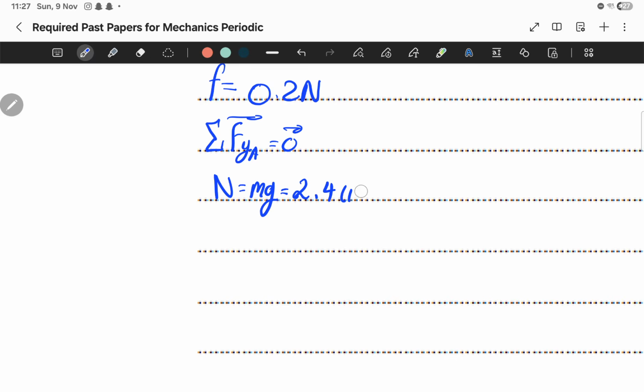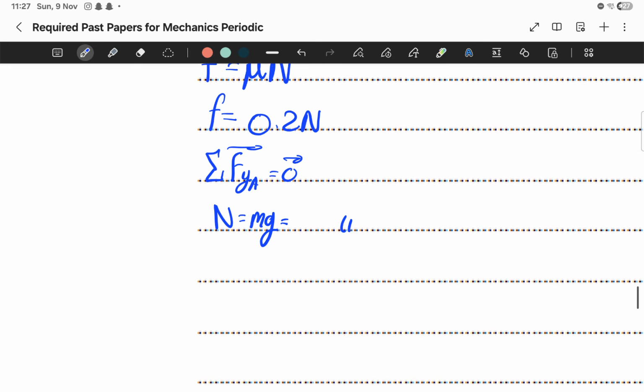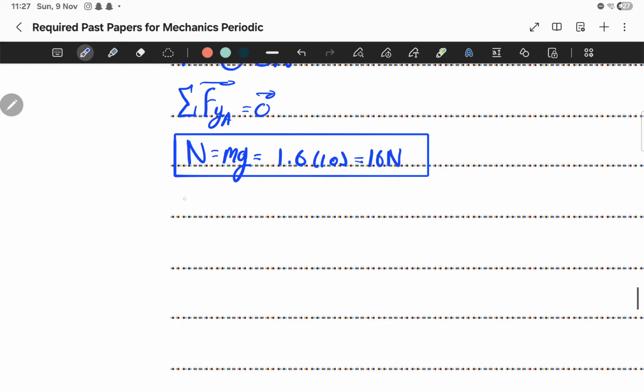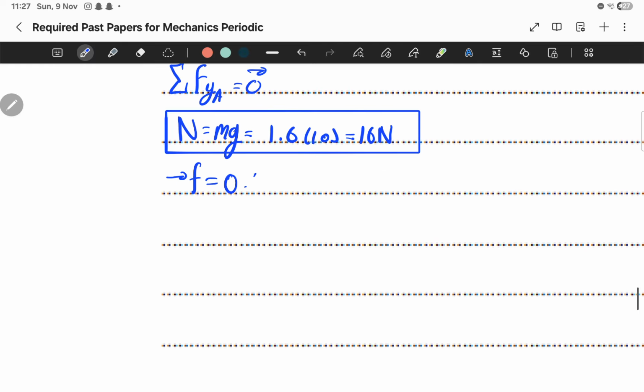Or was it 1.8? What was the mass on A? 1.6. Yeah, 1.6. Okay. 1.6 times 10, 16 newtons. Okay, so that means that friction is 0.2 times 16, which equals 3.2.